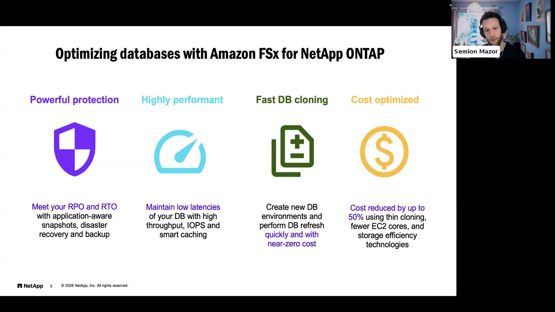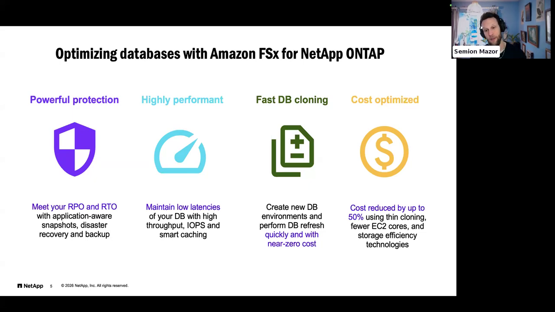Then it also provides high performance to maintain low latencies for your database, with high throughput, high IOPS, and intelligent caching. Then it has the unique cloning technology of FlexClone, which provides the ability to run different database environments with access to the production data without actually accessing the production data itself, and providing this access instantaneously without adding additional storage capacity.